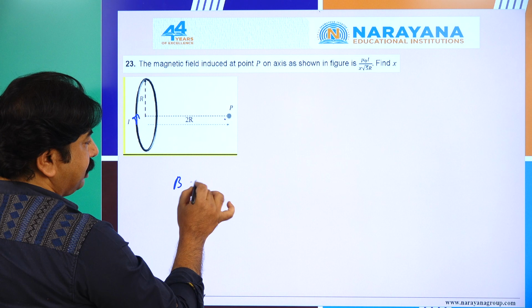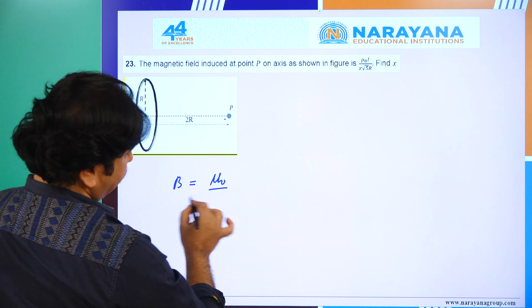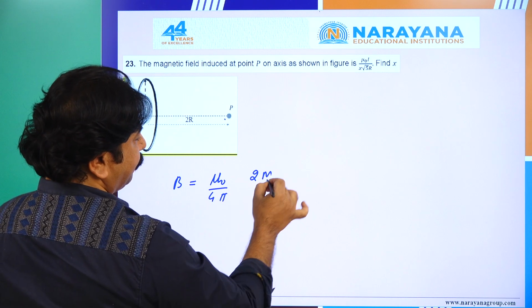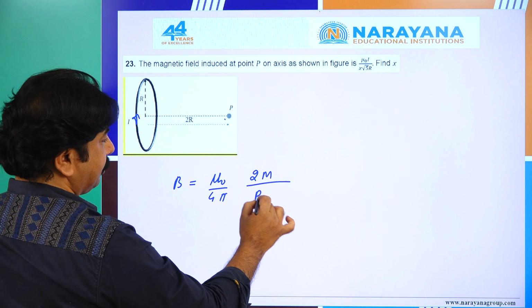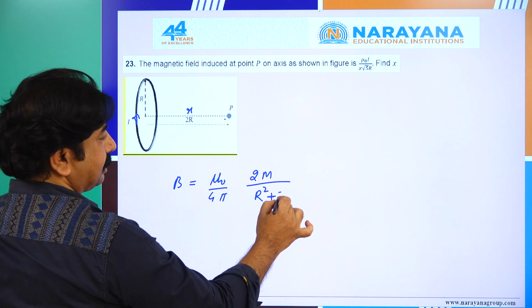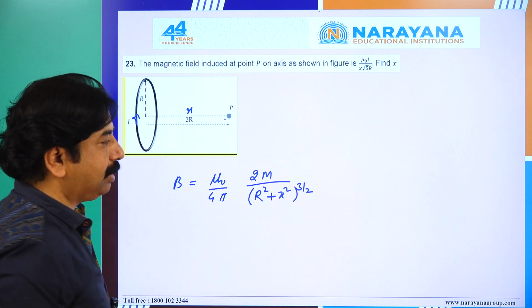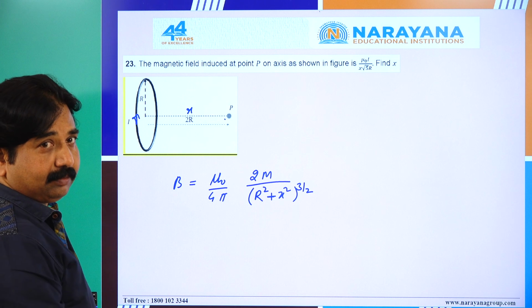B is equal to mu naught by 4 pi into 2m by r cube formula. We can write it as r square plus x square whole to the power of 3 by 2, where m is the magnetic moment.